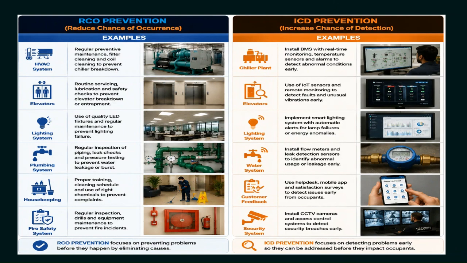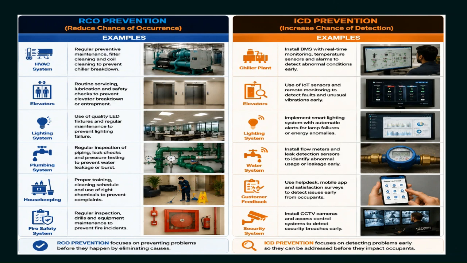I've got some beautiful pictures for you on how it is used in facilities and property management. Let's go one by one. Regular preventive maintenance, filter cleaning, coil cleaning to prevent chiller breakdown. These are all RCO prevention. If I sat with you, we could write down all the ways to reduce chance of occurrence and increase chance of detection.